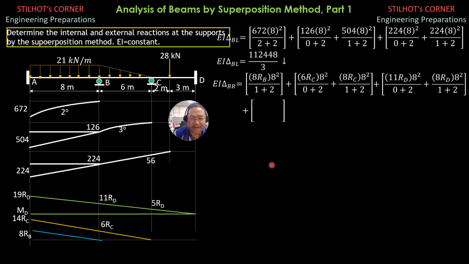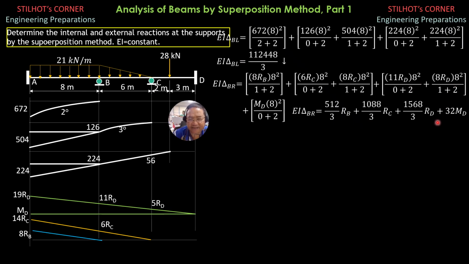Plus due to the moment MD, length 8 squared over 0 degree plus 2. So simplifying, we have 512 over 3 RB plus 1088 over 3 RC plus 1568 over 3 RD, then plus 32 MD.